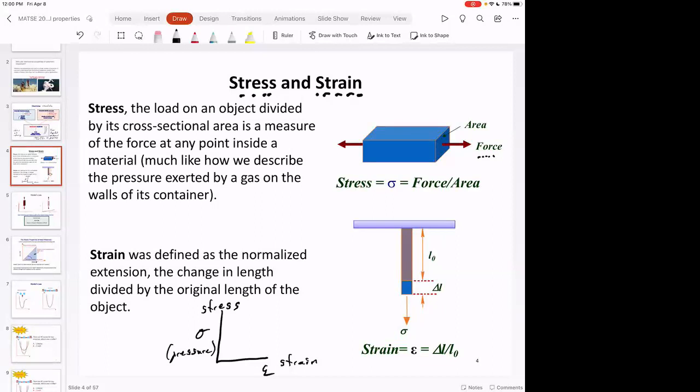And we always plot it in this configuration. So no matter if you're doing a stress controlled experiment where you tell the computer, put 100 newtons of force on this thing, or you're doing a strain controlled experiment where you say, pull the sample 30%, it's always plotted like this, even though you can do the experiments different ways. All right, so we have our definition for stress, force over area equals pressure.